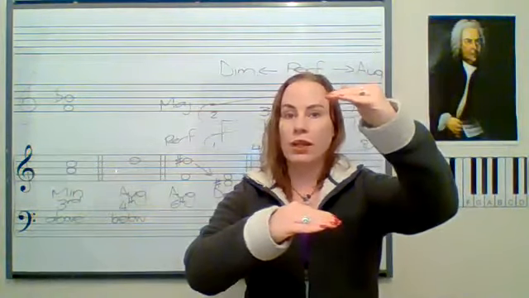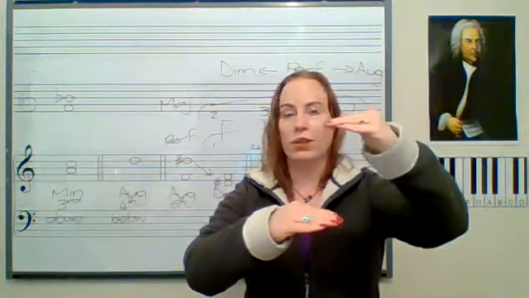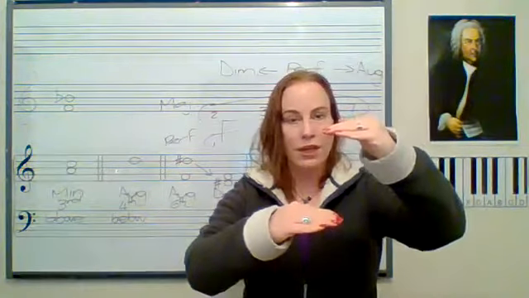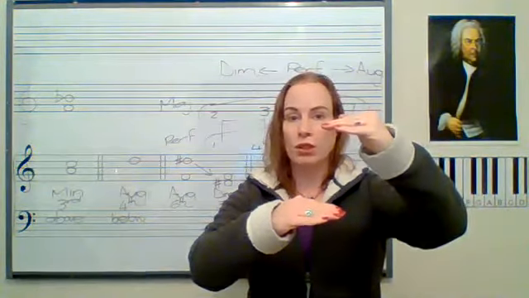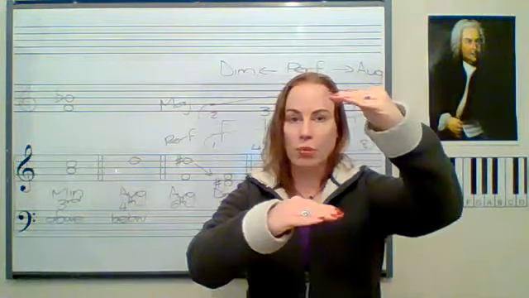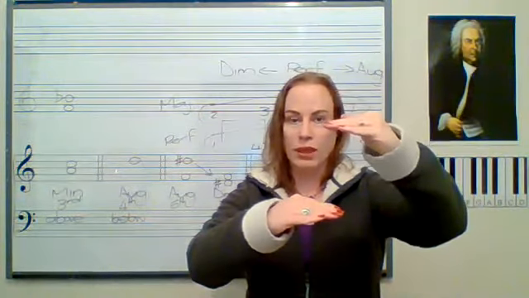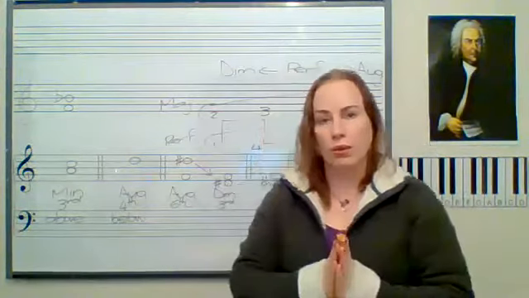Then the next question is, how is this interval different to what I would have in A major? It is a semitone smaller, because A major's got a C sharp, a semitone smaller is normal C, C natural, and that would be a minor third.